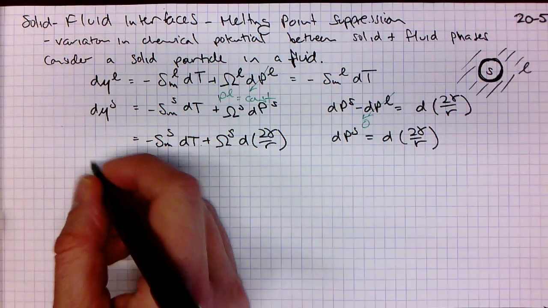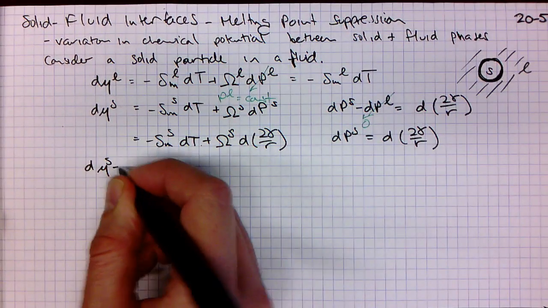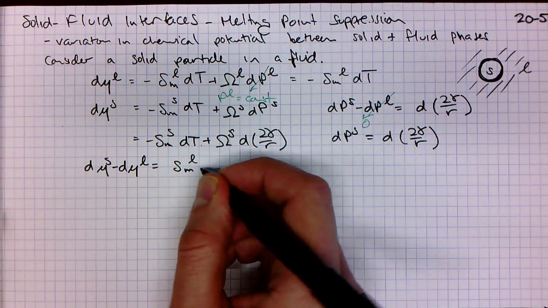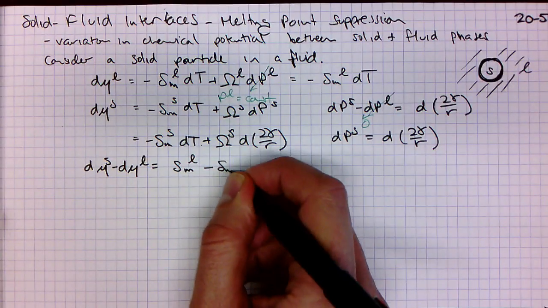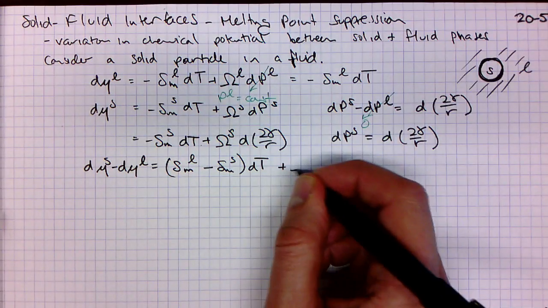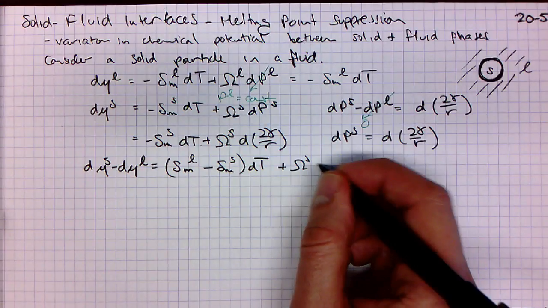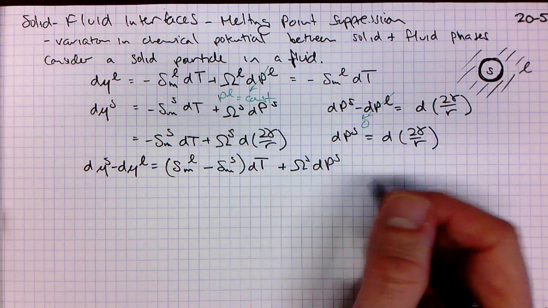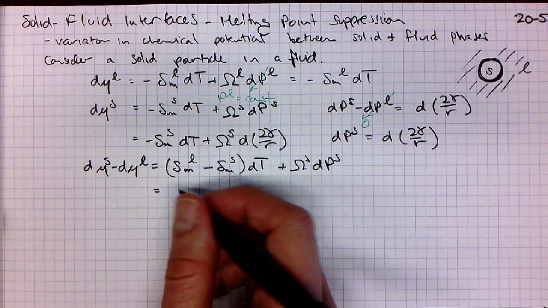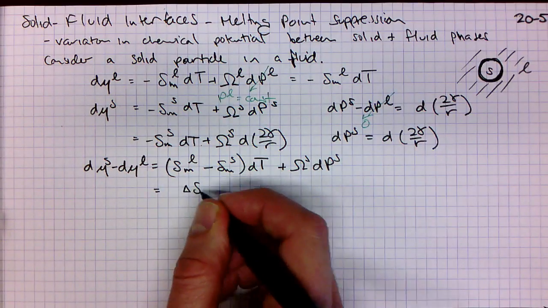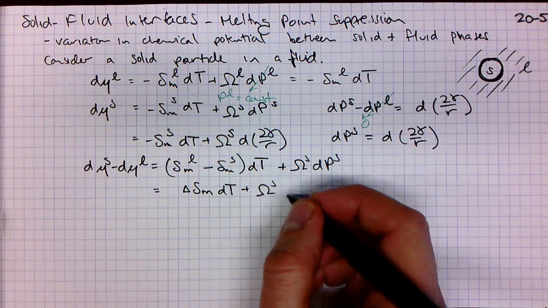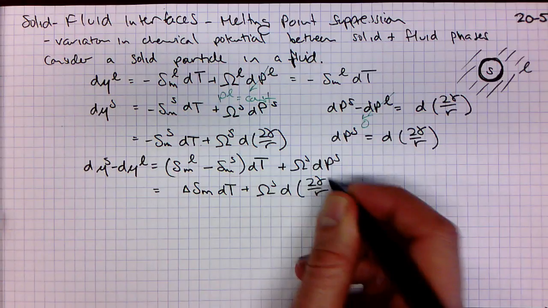So we can write the difference in the chemical potential between the solid and the liquid as (S_mL minus S_mS) dT, plus Omega_S dP. This gives us delta S_m dT plus Omega_S, and dP we said we can write as d(2 gamma over r).